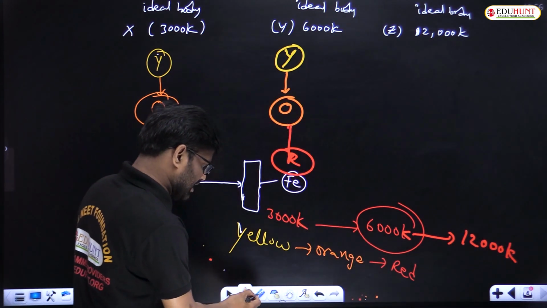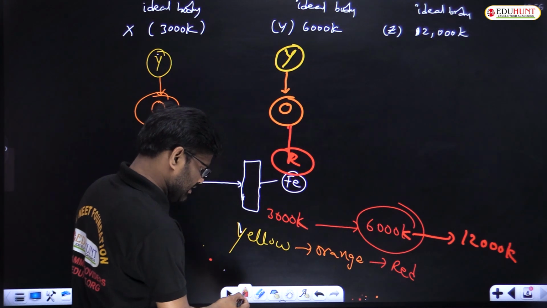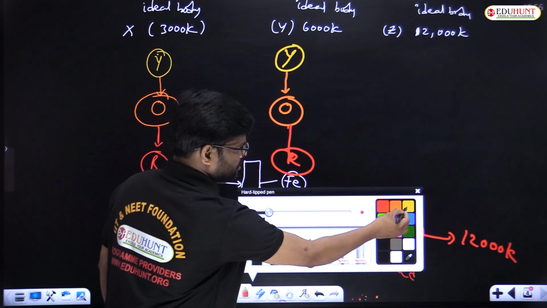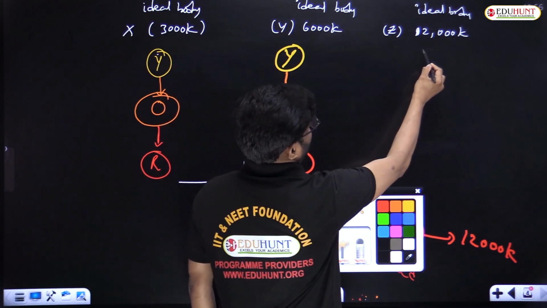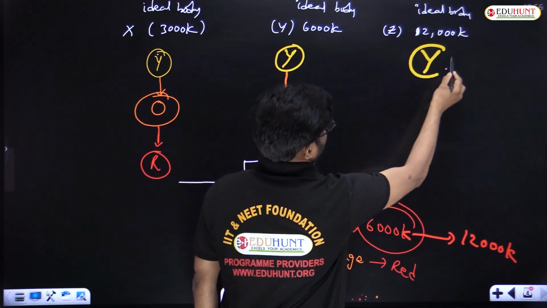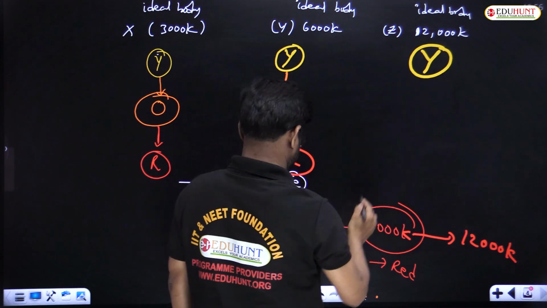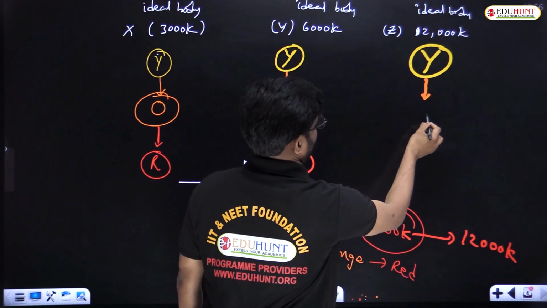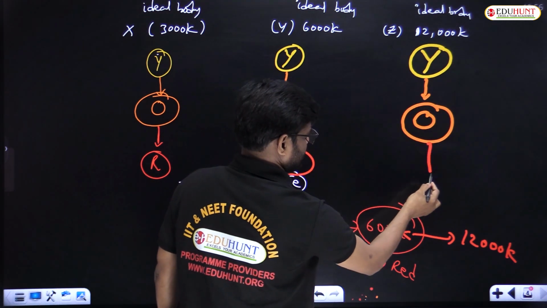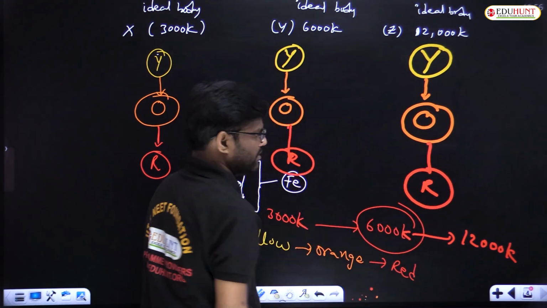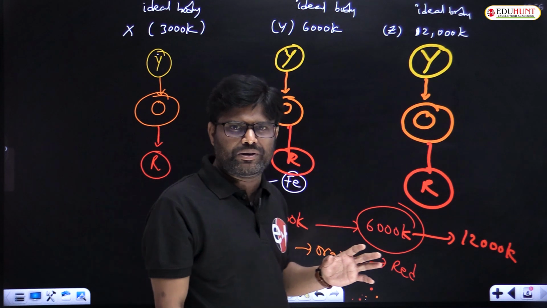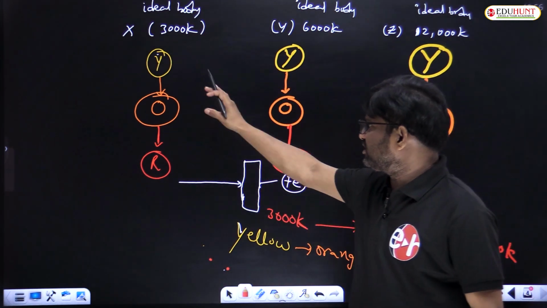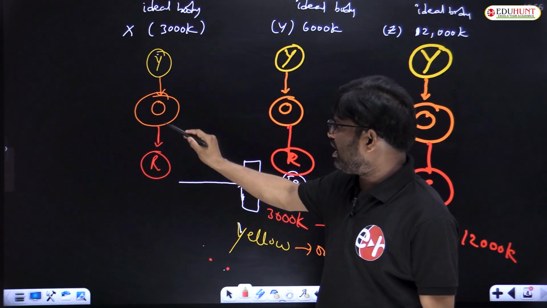what happens? The intensity of the colors increases. First yellow color intensity increases, next orange, and red. So tell me what I am explaining here. At different temperatures, different colors are formed: yellow, orange, red.